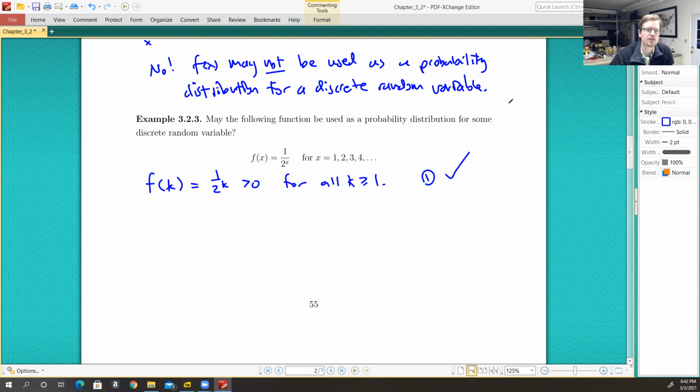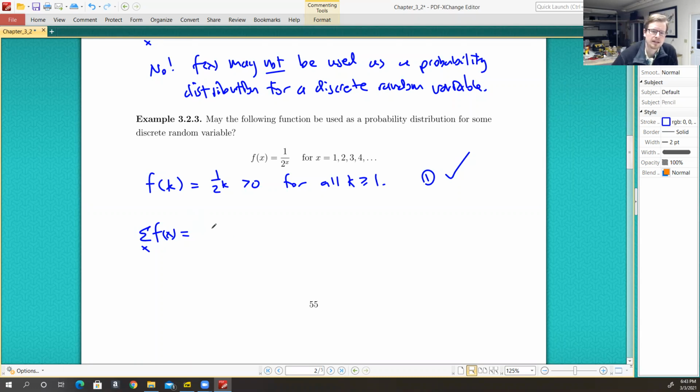Excellent. Now we just have to observe if the sum over all possible x values is equal to 1. So this is a little bit interesting here. We got to have a little bit of fun with our summation notation, kind of reaching back into calculus 1 a little bit, as well as calculus 2. I think more calculus 2 in this case.